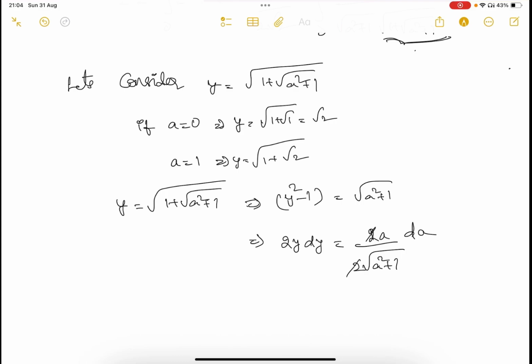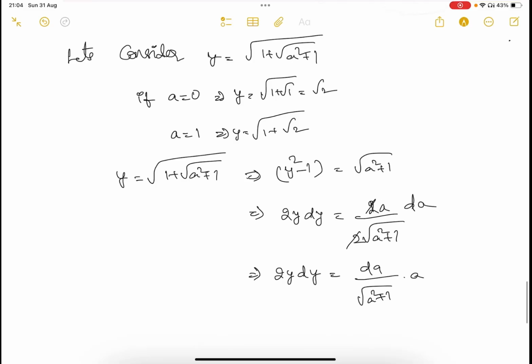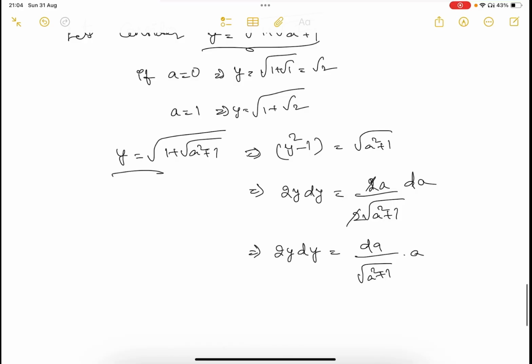This 2 will go off. Then that is 2y dy into dA by root a square plus 1 into a. What is a here? As you can see from here, right? I mean, you can do the work here.